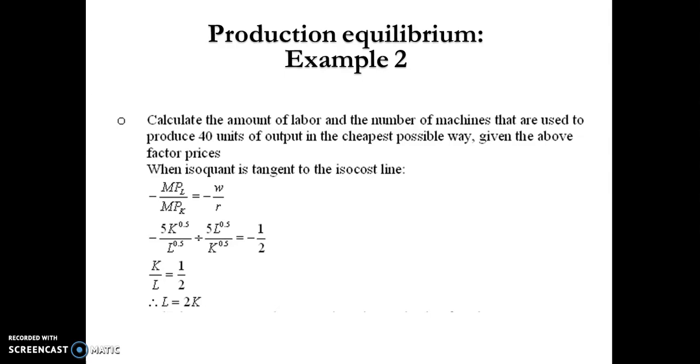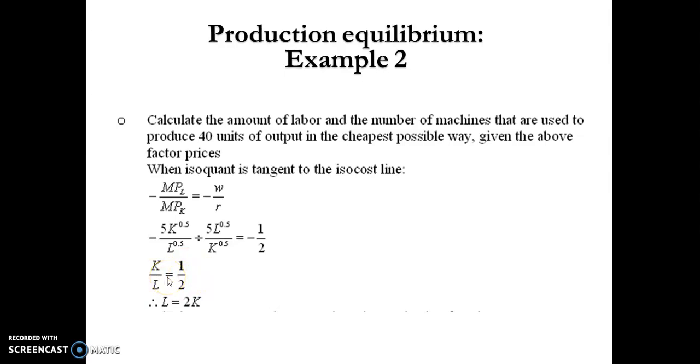The coefficients of K and L, which are both 5, would cancel, and you'd be left with K over L. And you have a half on the right hand side, and of course the negatives can be cancelled out by multiplying both sides by minus 1. So therefore you could have K over L is equal to a half, and it can be written as L is equal to 2K, or you could say K is equal to a half L.